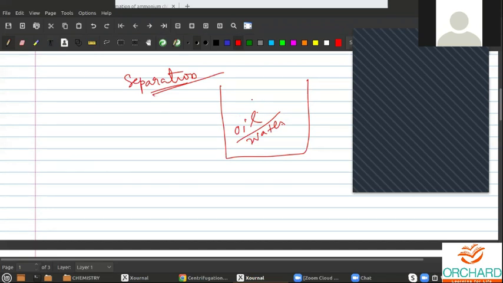Also, for example, some solid, a salt, for example ammonium chloride. In our book we have an example of ammonium chloride mixed with sand. So how to separate it?